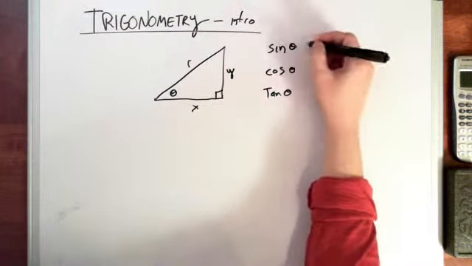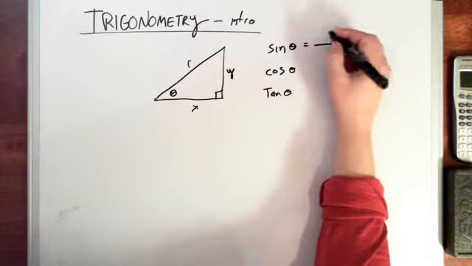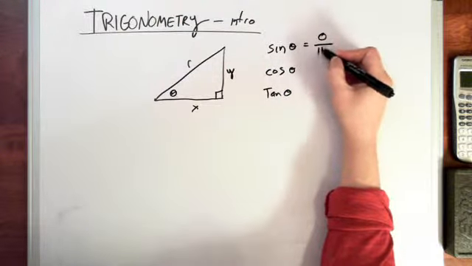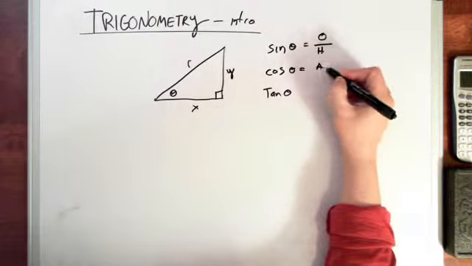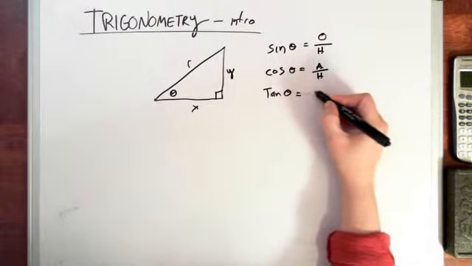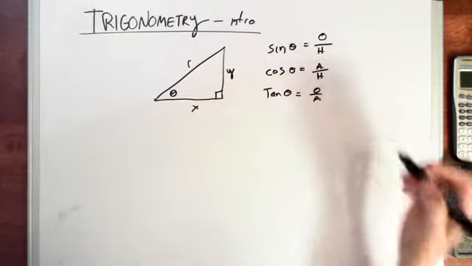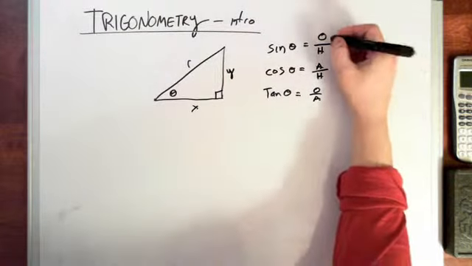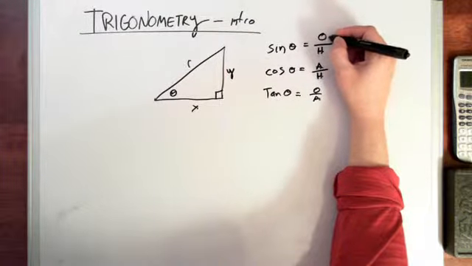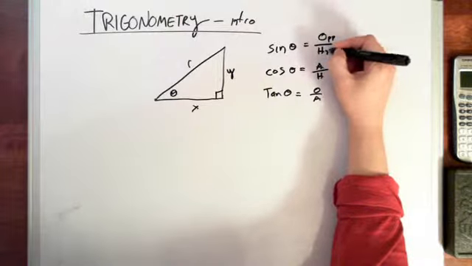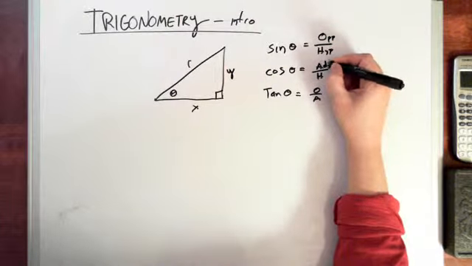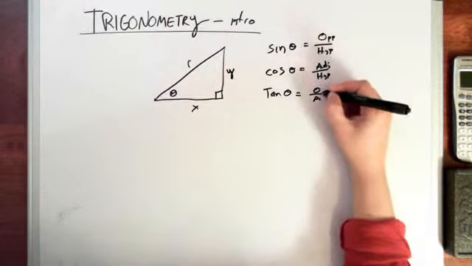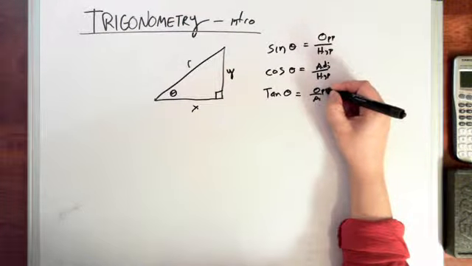And that mnemonic I mentioned is Oscar had a heap of apples. So this would be opposite over hypotenuse, adjacent over hypotenuse, and opposite over adjacent.